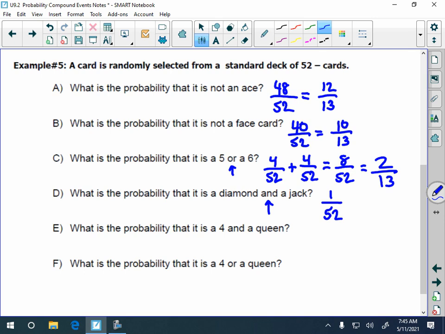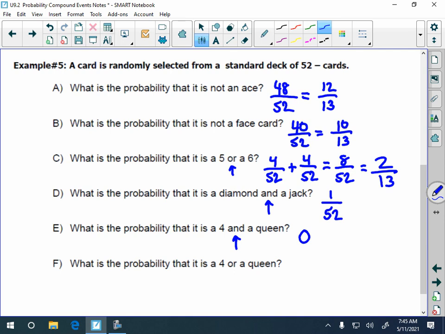E, what's the probability that the card is a 4 and a queen? All right, so how many 4s are also queens, or how many queens are also 4s? There's none. So the probability is 0 that you're going to pick a card that's a 4 and a queen.